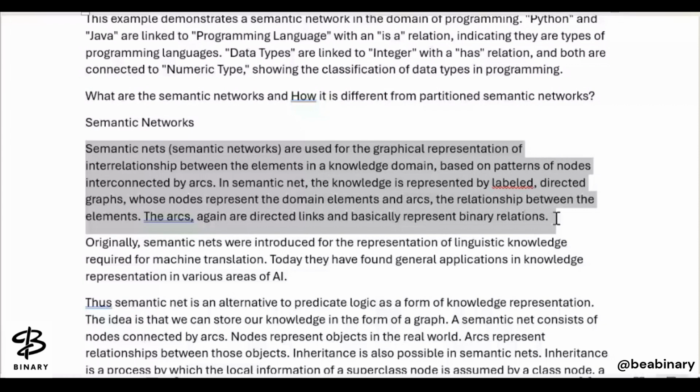by the arcs. In a semantic network, the knowledge is represented by labeled directed graphs whose nodes represent the domain elements and arcs the relationship between the elements. The arcs are again directed links and basically represent binary relations here, right?